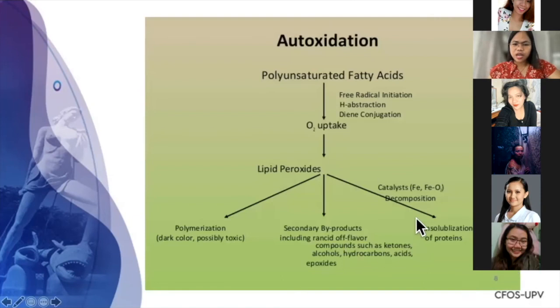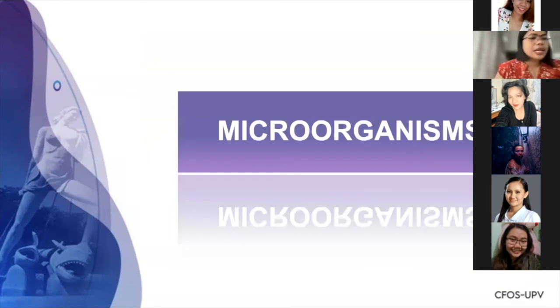Ito yung mga secondary auto-oxidation products. This includes the ketones, alcohols, hydrocarbons. So lipid oxidation, I think, is discussed in more detail sa lecture na na-upload ko sa LMS.